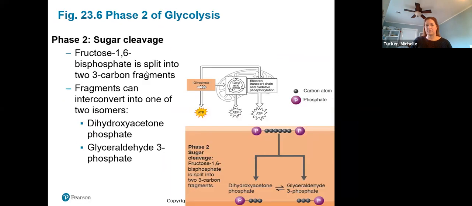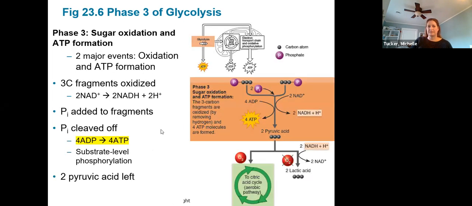We don't use this stage, but we do use this one where it gets split into the 2 molecules, dihydroxyacetone and glyceraldehyde 3-phosphate. So we had this 6-carbon sugar, we broke it apart and made it into 2 3-carbon fragments. Then these 3-carbon fragments are going to get converted to pyruvate, and then they're going to enter the citric acid cycle.